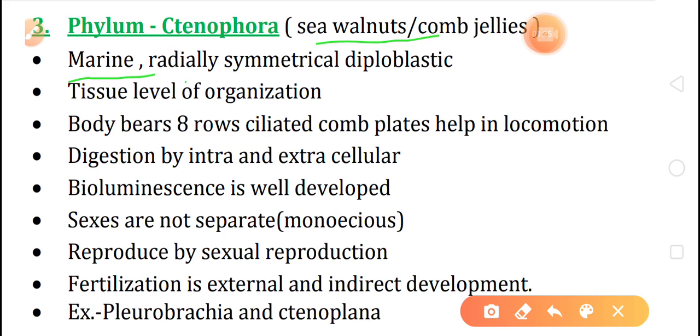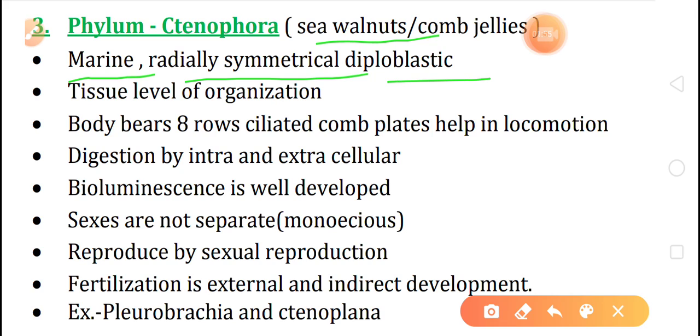They are radially symmetrical. Radially symmetrical means the organism can be divided into two equal parts by any plane: vertically, horizontally, or diagonally. By any plane the organism is divisible.